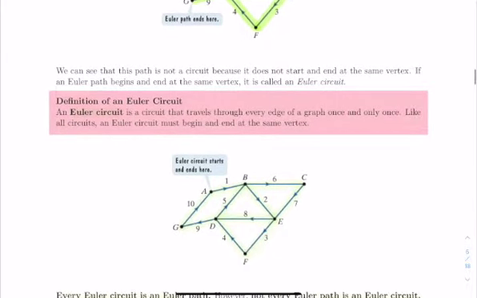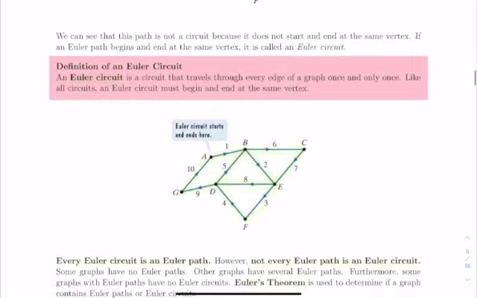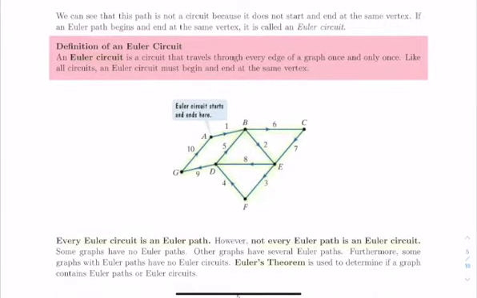An Euler circuit is a circuit that travels through every edge of a graph once and only once. Like all circuits, an Euler circuit must begin and end at the same vertex. So we're going to just copy and paste the same graph from above, but the only thing is that we added an extra edge between G and A. But again, we only hit every edge once.